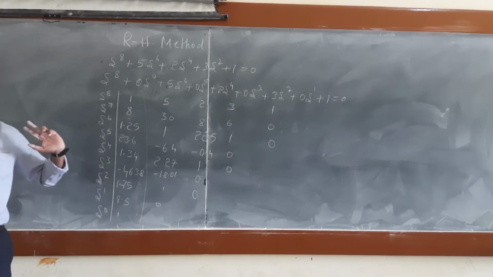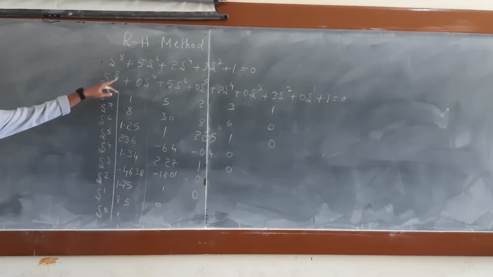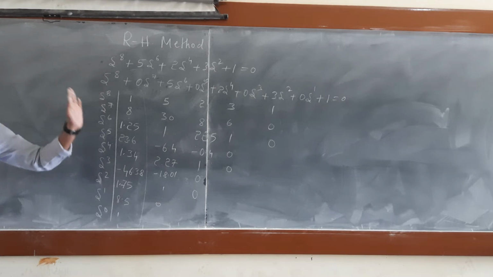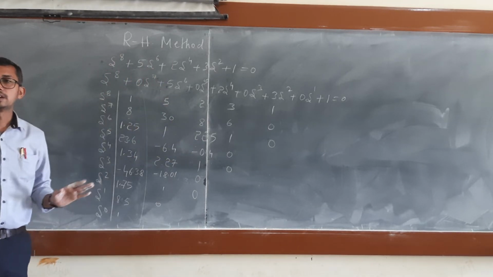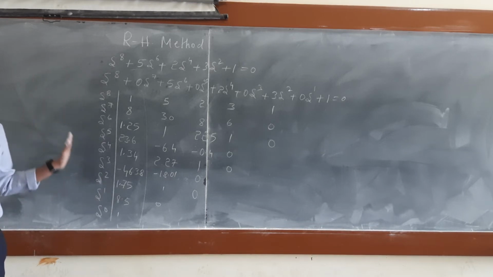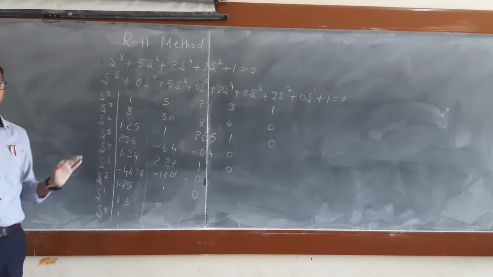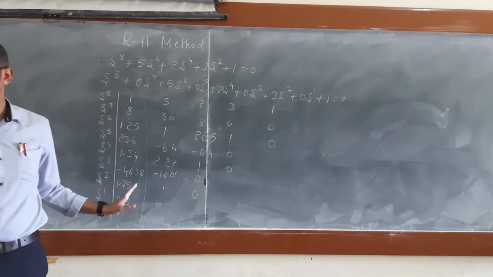How many times is the sign getting changed? 2 times. Right. That means out of 8 roots, 2 roots are lying to the right side of the s-plane, and the remaining 6 roots are lying to the left side of the s-plane. So that is the comment on stability: the system is unstable.